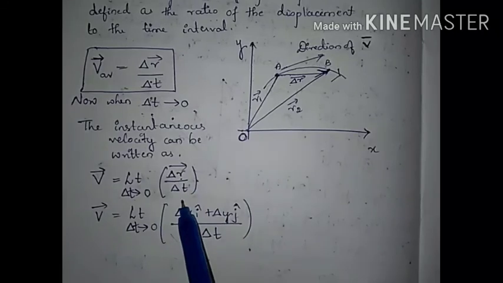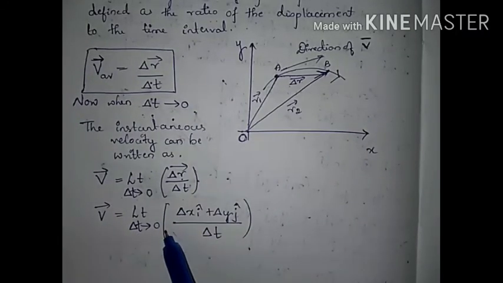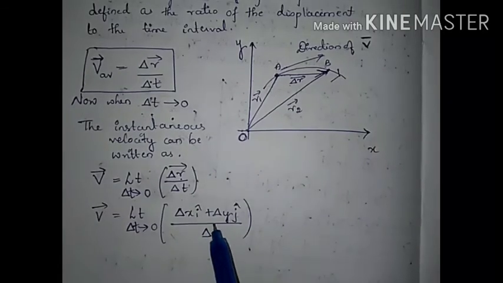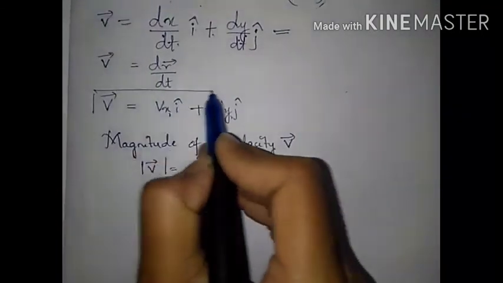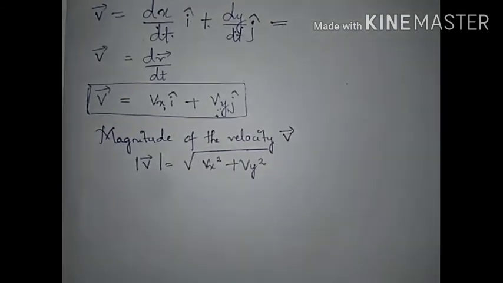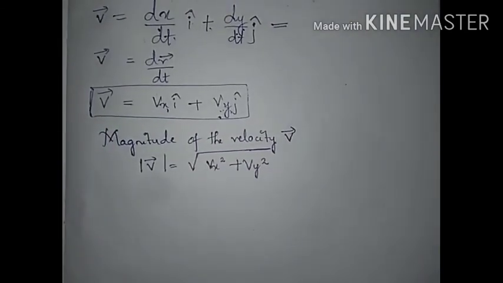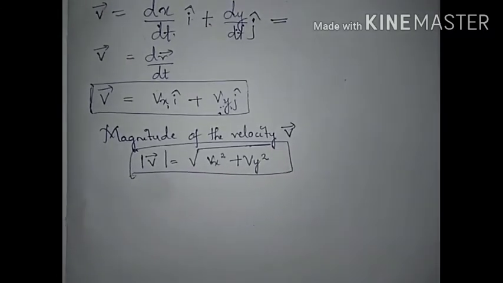So that is delta r by delta t, and V is equal to limit delta t tends to 0 delta x i cap plus delta y j cap divided by delta t. From that we got the velocity of a particle moving in a plane, that is vx i cap plus vy j cap, and this is the magnitude of the velocity V.